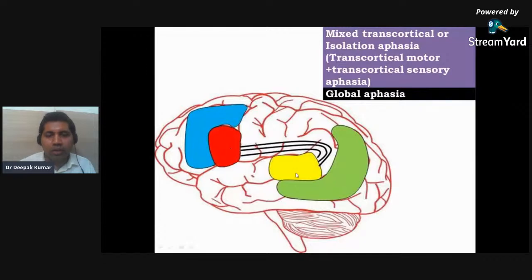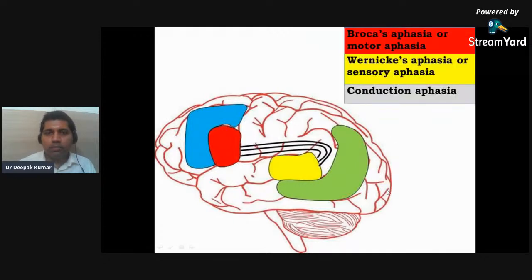So it produces mixed transcortical or isolation aphasia, as this area is isolated from the rest. There's no connection front or back apart from this primary model. Then global aphasia: all the colored areas are involved, including the conduction fibers, and that would indicate global aphasia.